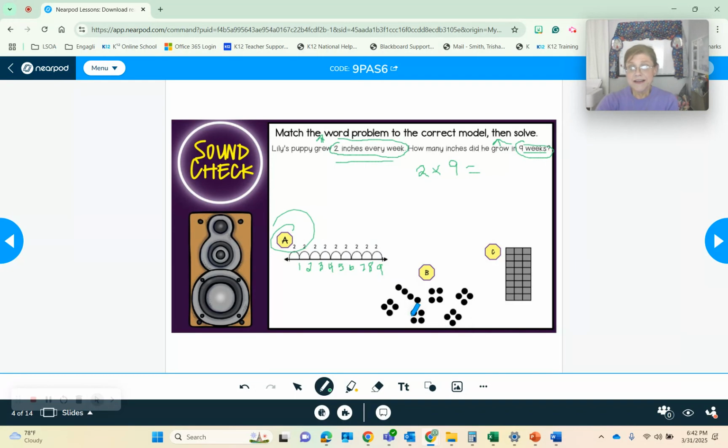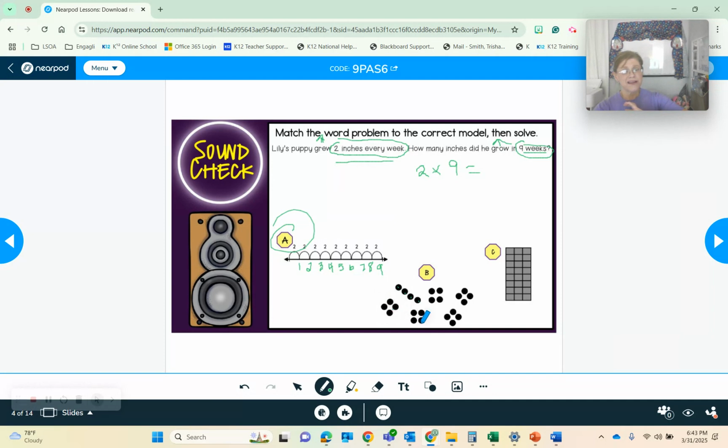We can. B, we're seeing groups of 4. Remember, we talked about this today. Even here, this is still a group of 4. It's arranged in a different way. That group of 4 can be arranged in a snake-like pattern as long as it's still together. And it's groups of 4.